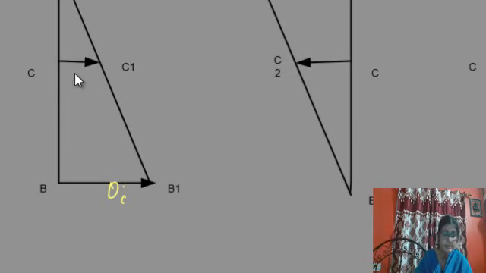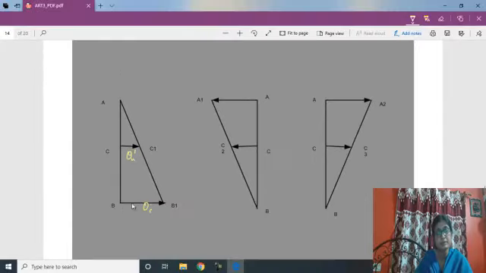So this is say theta n dash. This theta I signifies the motion beam movement from B to B1 due to input signal.